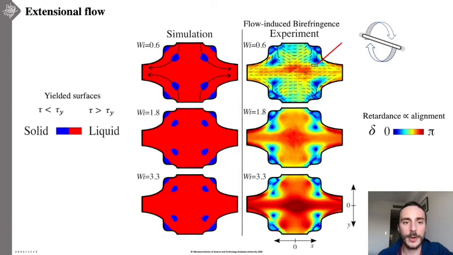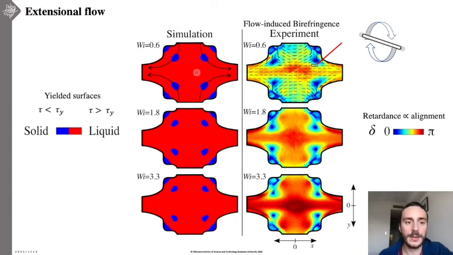At this point we can understand something more about the material in the channel, and we use the simulation given by the TEVP model to predict where the material is in the liquid and in the solid state. We see that the material in most of the geometry is in the liquid state, given in red. However, there are some symmetric regions, given in blue, where the material is predicted by the model to be in the solid state.